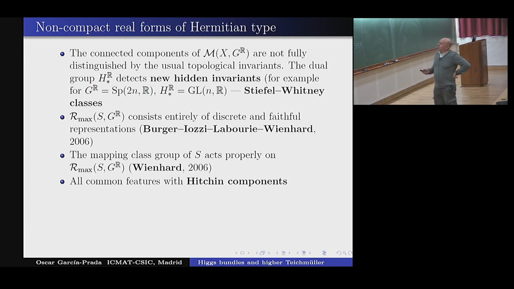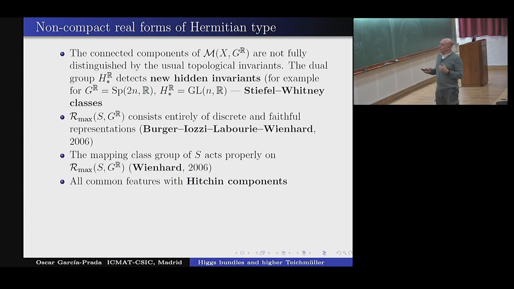Now, from the work of Burger, Iozzi, and Labourie, it turns out that, like the case of the Hitchin components for the split real forms, these components consist entirely of discrete and faithful representations.